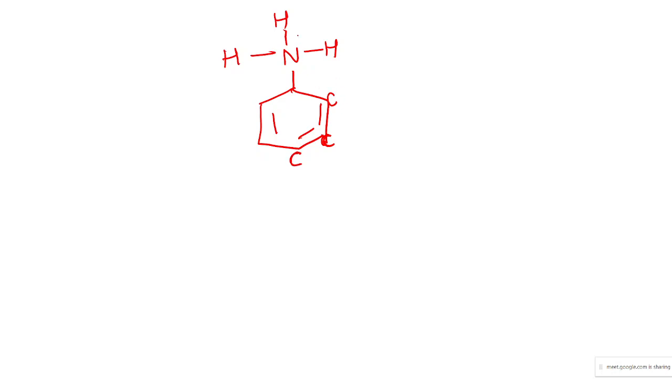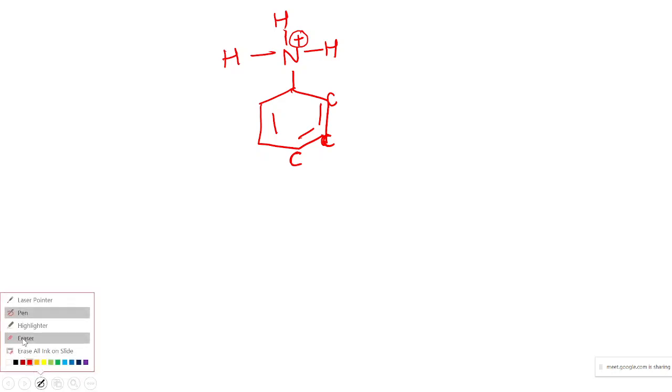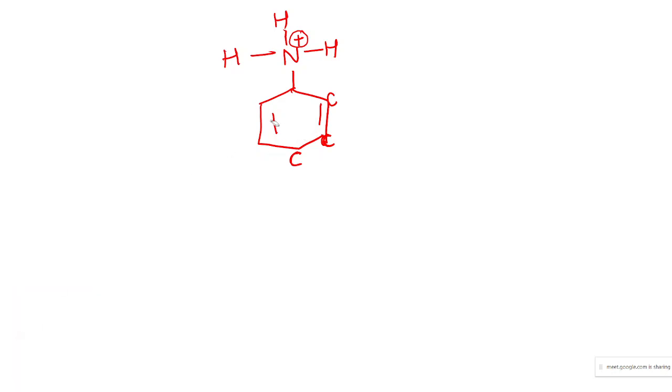This carbon is directly bonded, near to this nitrogen atom, which is already electron deficient. One double bond, I misplaced it. One carbon is present here, one carbon here, and one carbon here.